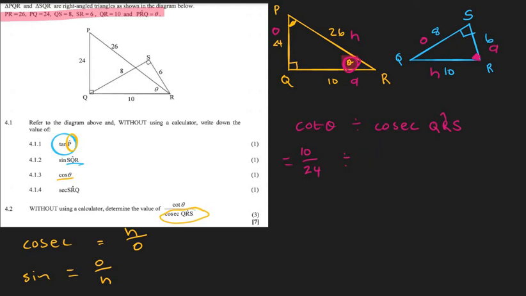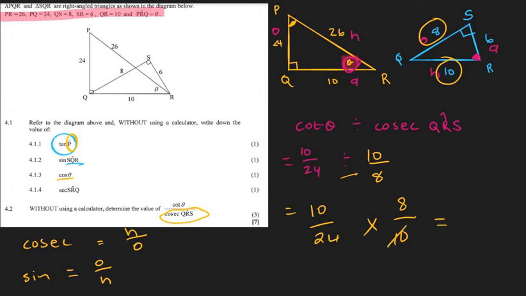So cosec is going to be hypotenuse, which is 10, over 8, because that's opposite. Now we have a divide there, so it's going to be 10 over 24 multiplied by 8 over 10, because we change, which is going to cancel out. It's going to be 8 over 24. And if I simplify it, it's going to be a third.